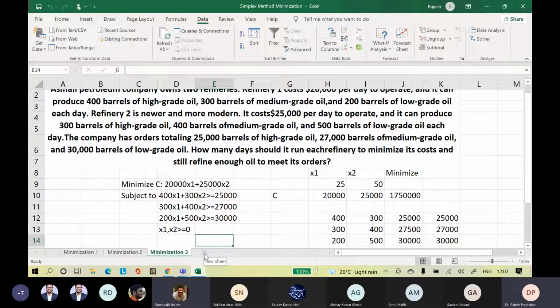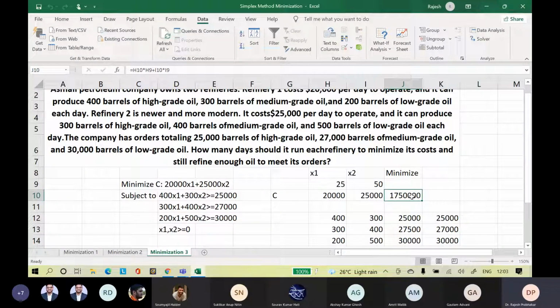Sir, how do we conclude this result? See, if they run for 25 days for refinery 1 and 50 days for refinery 2, they will have a minimum cost of $17,50,000. So the question is, how many days should each refinery run to minimize cost and still refine enough oil to meet the orders?